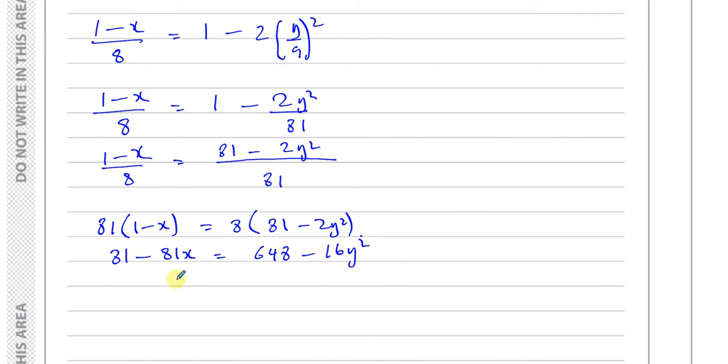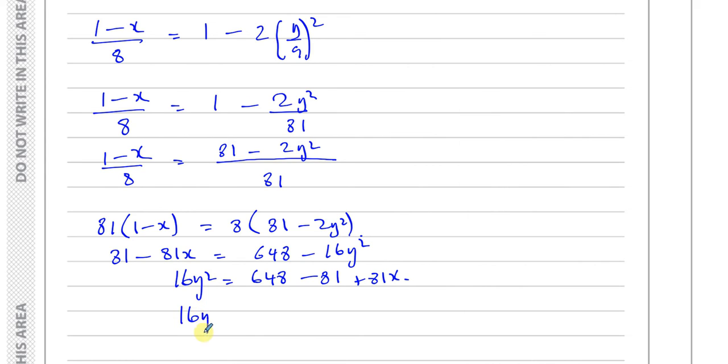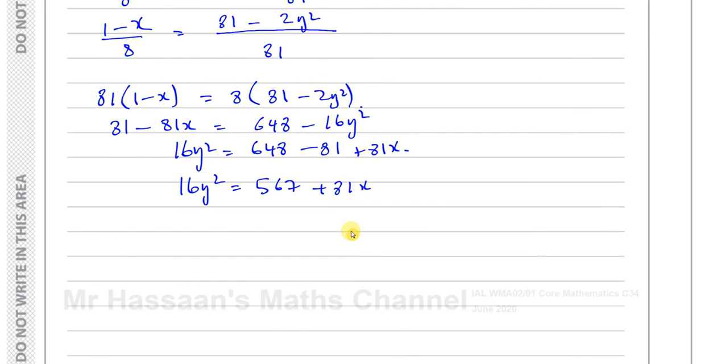So I'm going to add 16y squared to both sides, so it becomes positive. And I've got here 648 minus 81 plus 81x. 648 minus 81 gives us 567. So you've got 16y squared equals 567 plus 81x. Now remember, we want to make y the subject. So I can divide both sides by 16. So I have 567 plus 81x over 16.